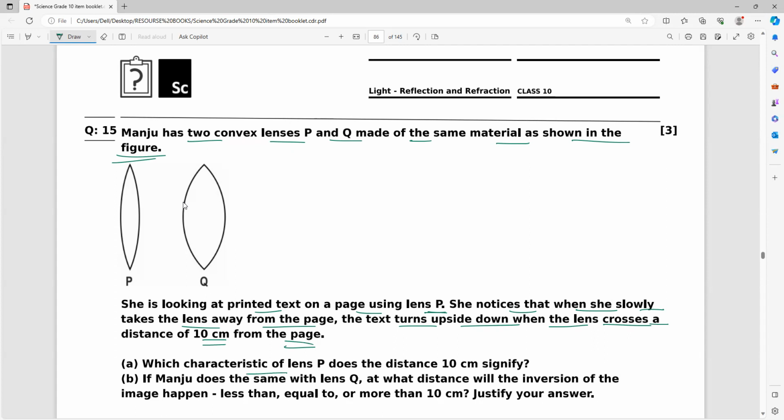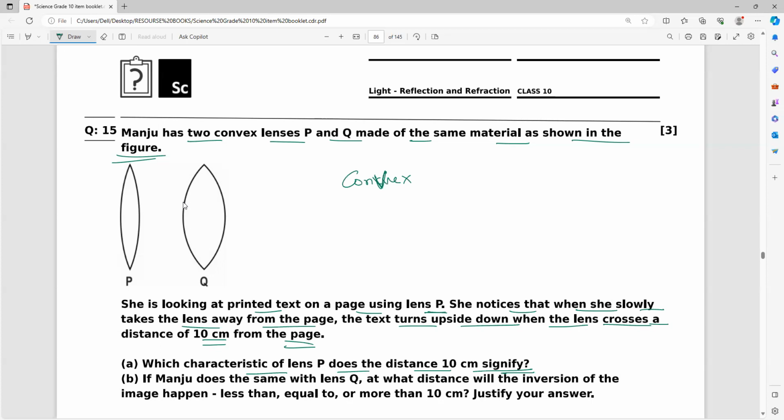Which characteristic of lens P does the distance 10 centimeters signify? Anybody? More than 10 centimeters she is moving, so the letters become upside down. It indicates something. Yes, Amma? It is a convex lens, yes, but that is some parameter. We can say it is a convex lens just by seeing it.